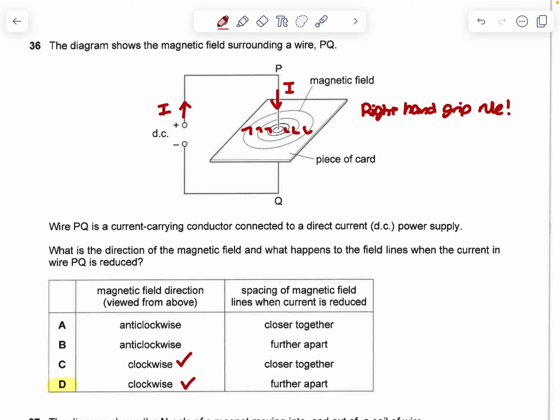As we increase the current, the magnetic field strength should increase. As we decrease the current, the magnetic field strength should decrease. And how does it look in terms of drawing the magnetic field? The concentric circles should be further apart this time.